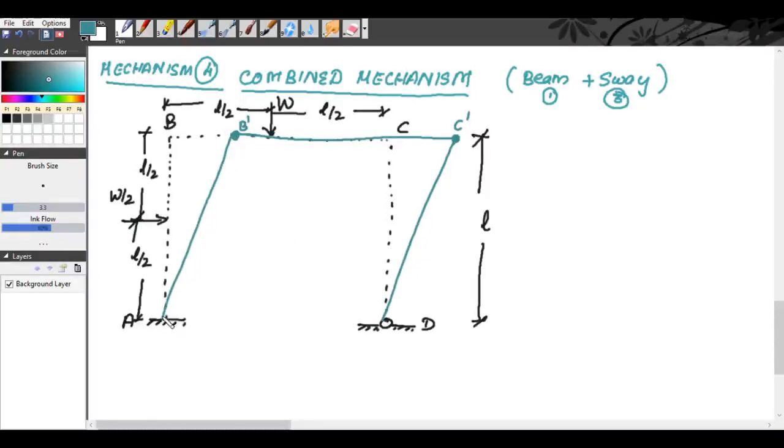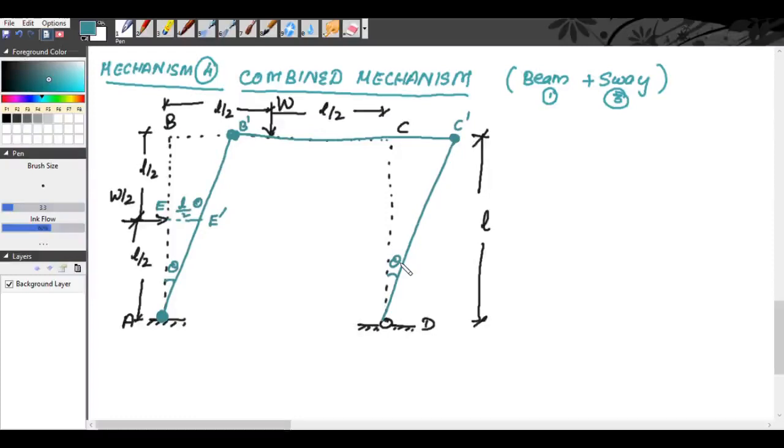So for the sway mechanism, we will have hinge at A, hinge at B and hinge at C. Now this distance is E, so this distance can be taken as E dash. This distance is L by 2 theta, because we can take this as theta, this as theta.